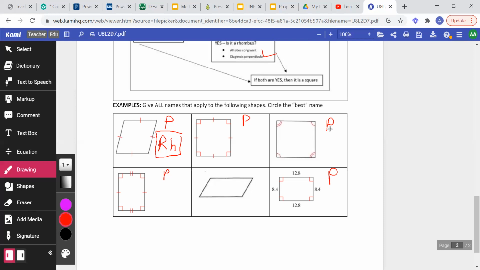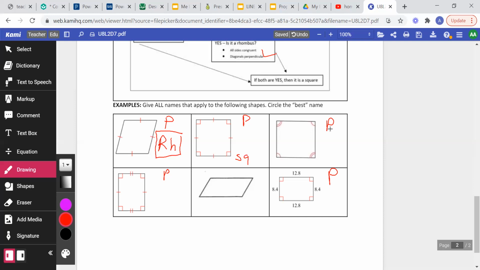You said it's a square. Someone else? Does it look like a rectangle? What did we say about a rectangle, about the angles? Is a square a rectangle?